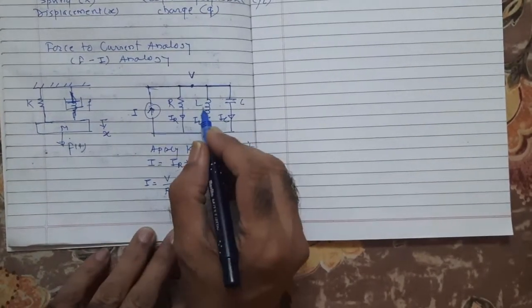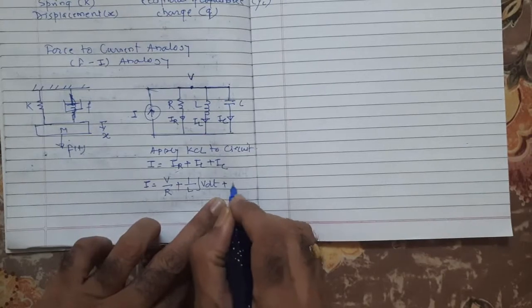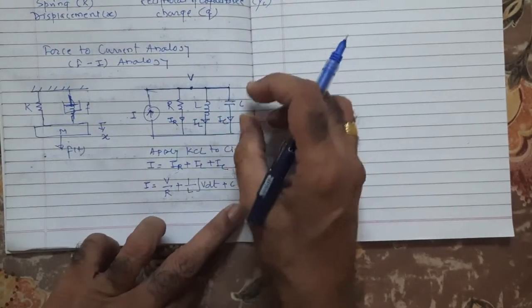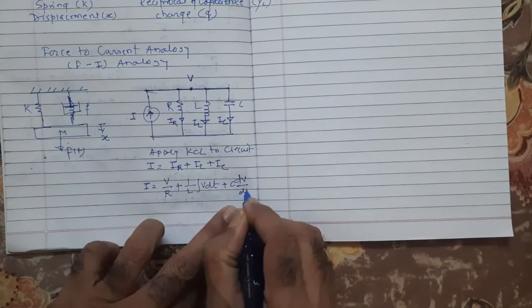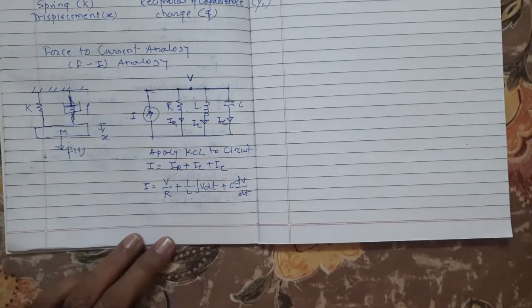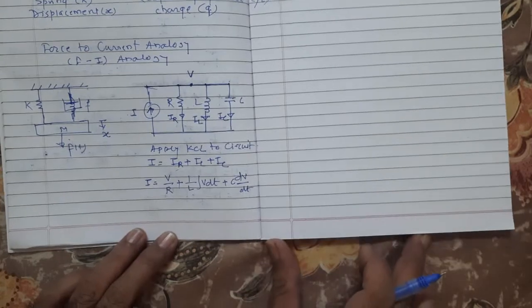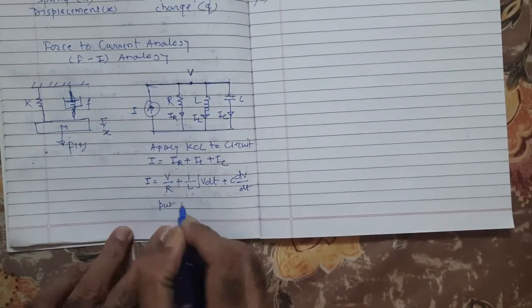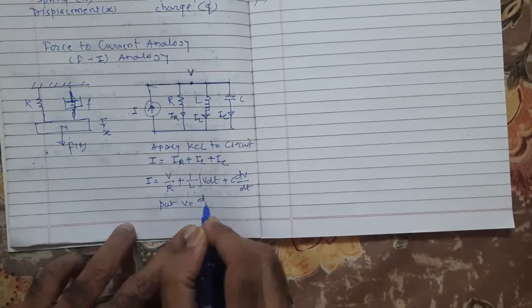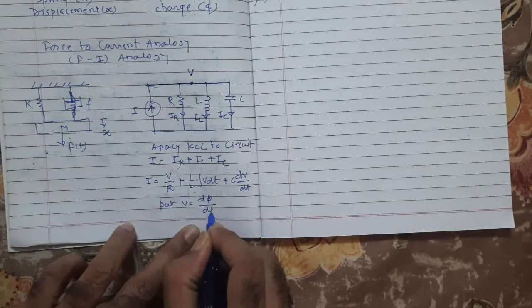This is the current flowing through the inductance, plus C into the voltage across the capacitor V, that means C multiplied by dV by dt. Now we know, put V equals d phi by dt.